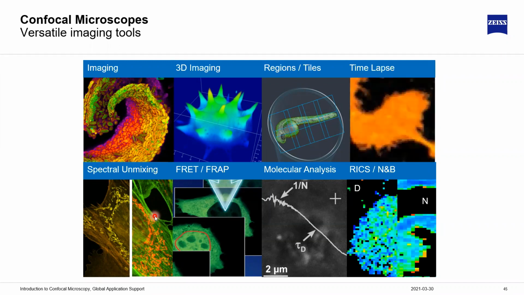You can combine the images taken on the confocal microscope with the wide field microscope, with the electron microscope. As you can see, the confocal microscope is very versatile, and there is a reason why confocal microscopes are workhorses in many labs nowadays, because you can do so many things without changing basically anything.